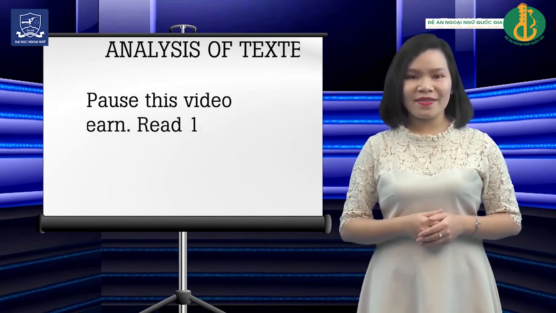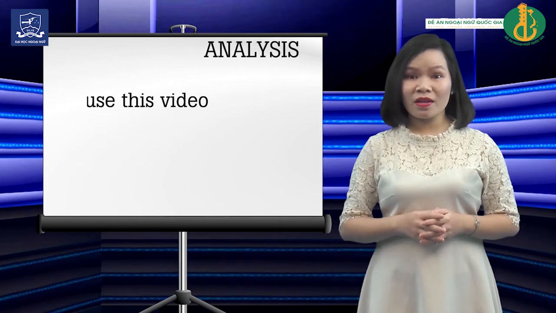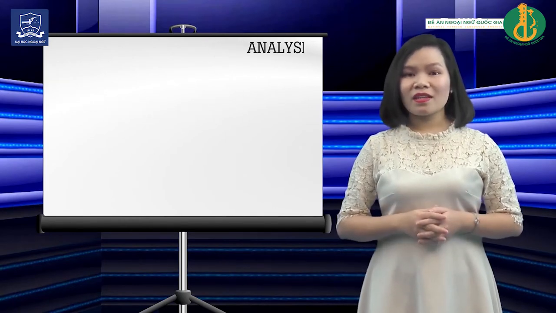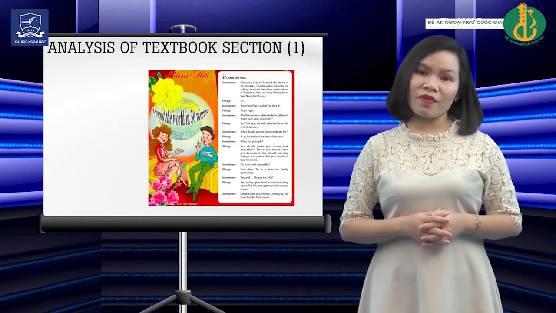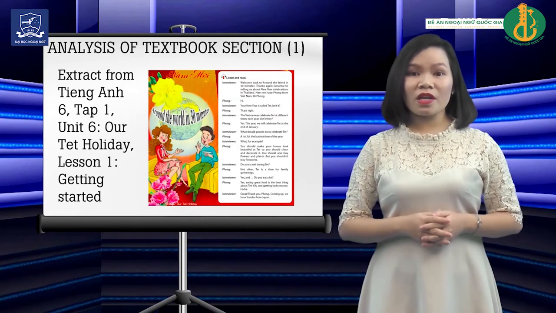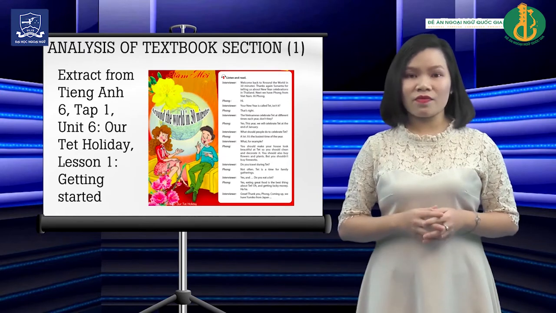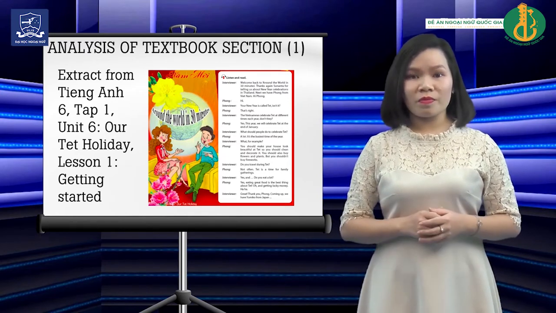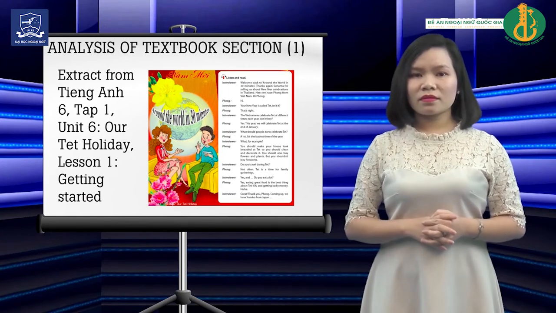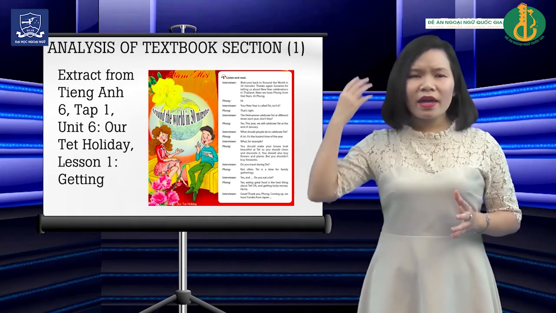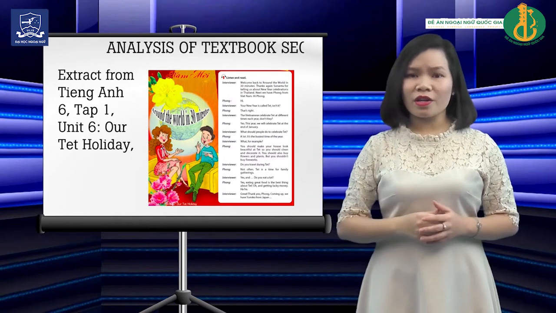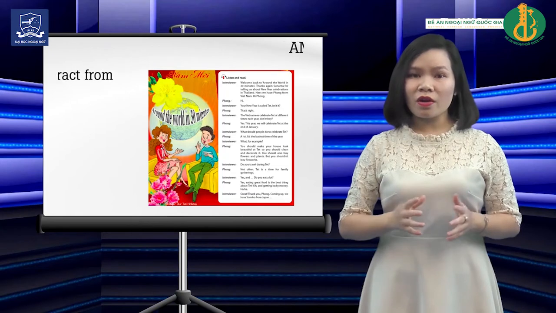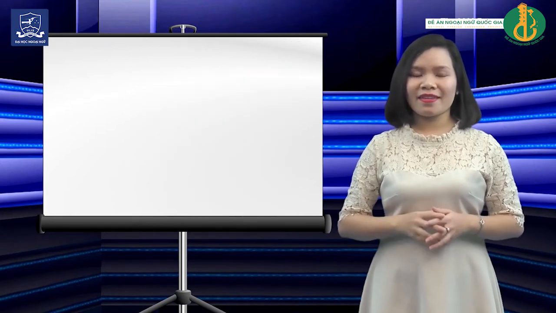of the section's activities. How many parts are there, and what is the purpose of each part? Let's see. The lesson starts with an interview of a Vietnamese student sharing basic information about TED holiday in Vietnam. The purpose of this text is to introduce the topic of the whole unit. However, without any activation of the background knowledge about the topic, students are not well prepared to start off with an interview right away.